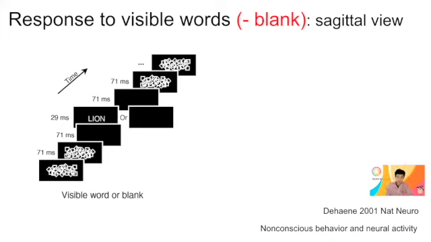The key of this paradigm is to understand this. Everything I'm going to present today is going to be the subtraction between the situation where the stimulus was shown in the visible pathway, here the condition of the visible word, and another situation where they presented a mask, then blank, then blank, then mask.